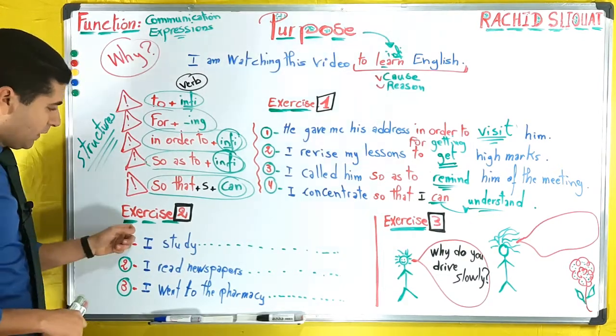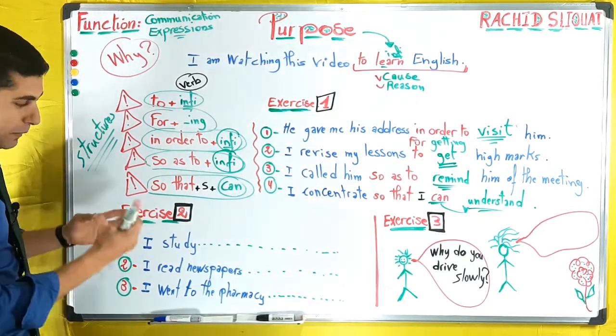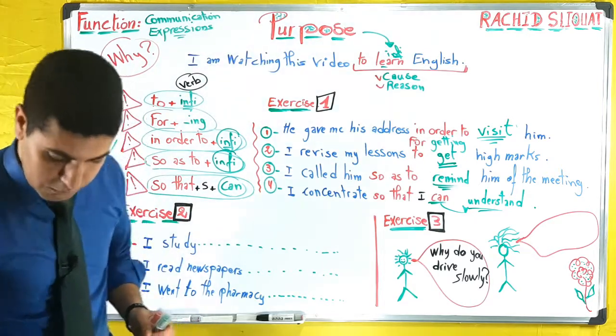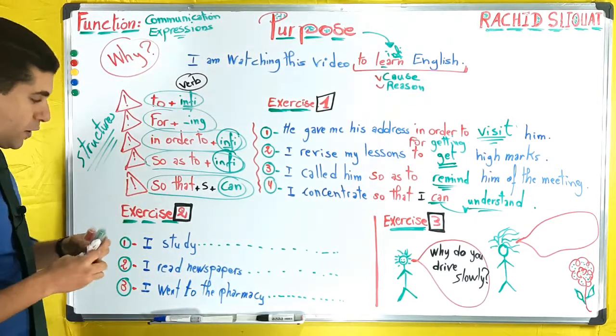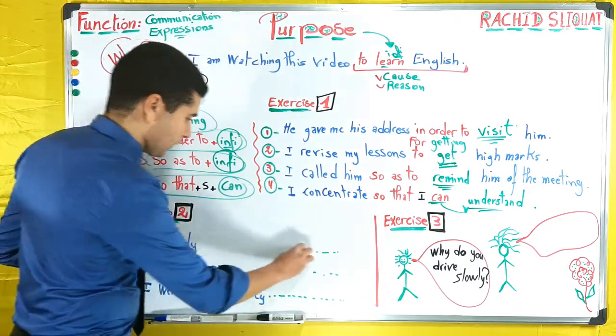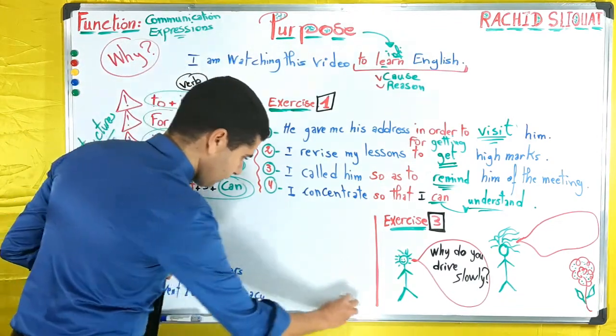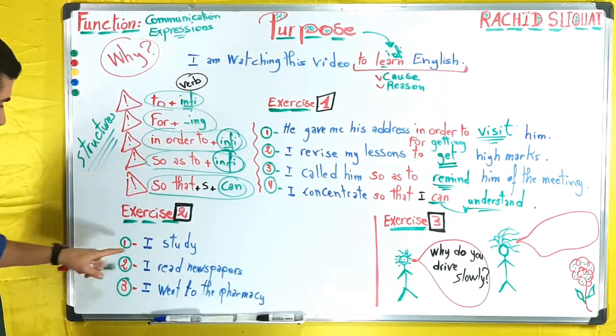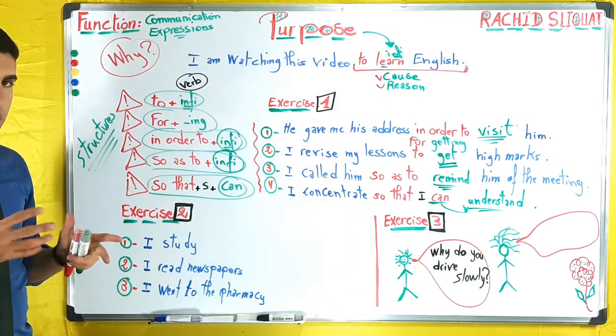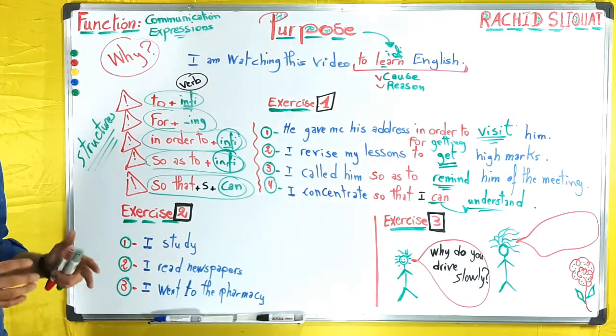All right, let's see exercise number 2. You have to complete the sentence expressing a purpose, okay? In number 1, we have I study. For what purpose are you studying?